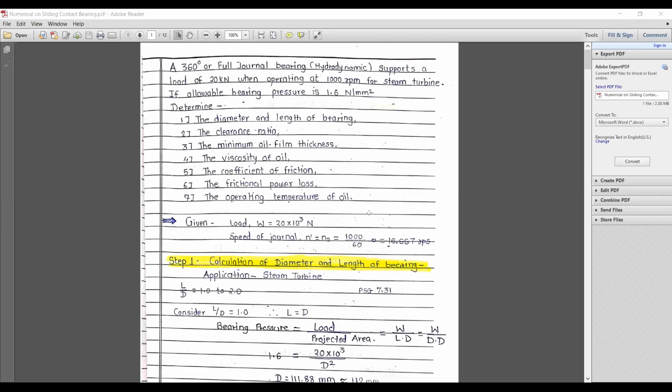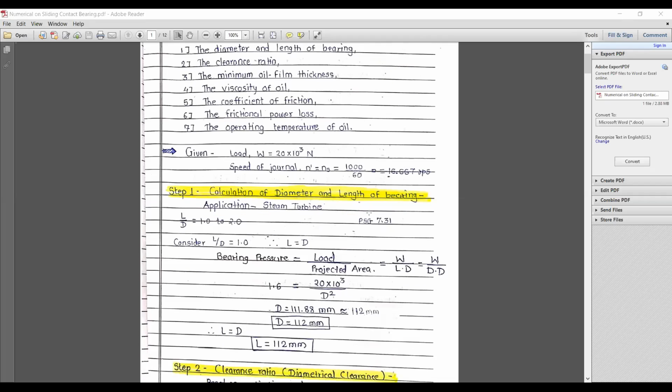If the allowable bearing pressure is 1.6 Newton per mm square, we need to determine: first, the diameter and length of the bearing; second, the clearance ratio; third, the minimum oil film thickness; fourth, the viscosity of oil; fifth, the coefficient of friction; sixth, the frictional power loss; seventh, the operating temperature of oil.